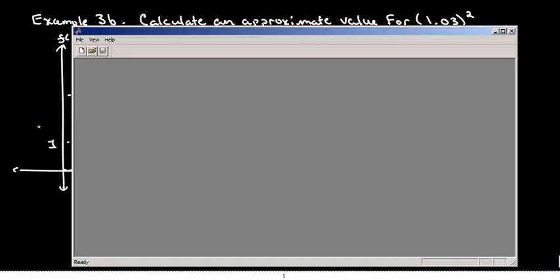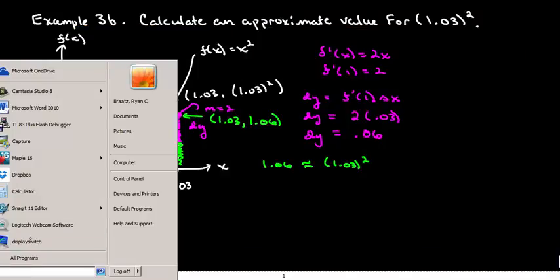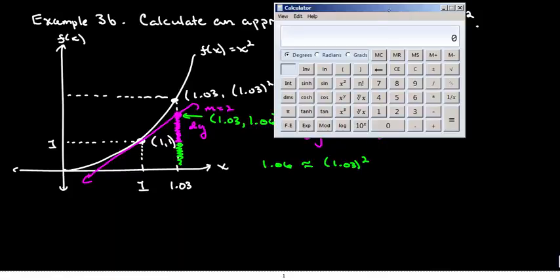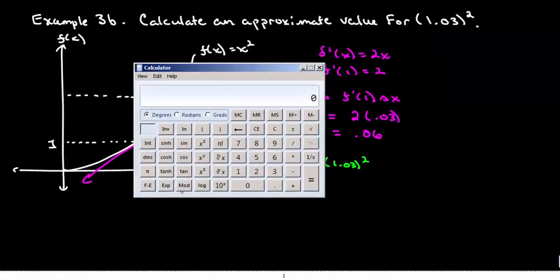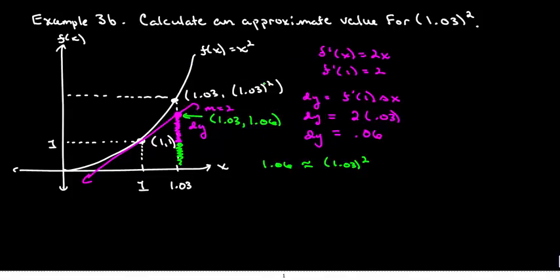Actually, I probably should have grabbed the other one. Let me do it this way, because we can do it easier and faster with this. If I use a calculator and square 1.03, I would get 1.0609. That's the actual height.